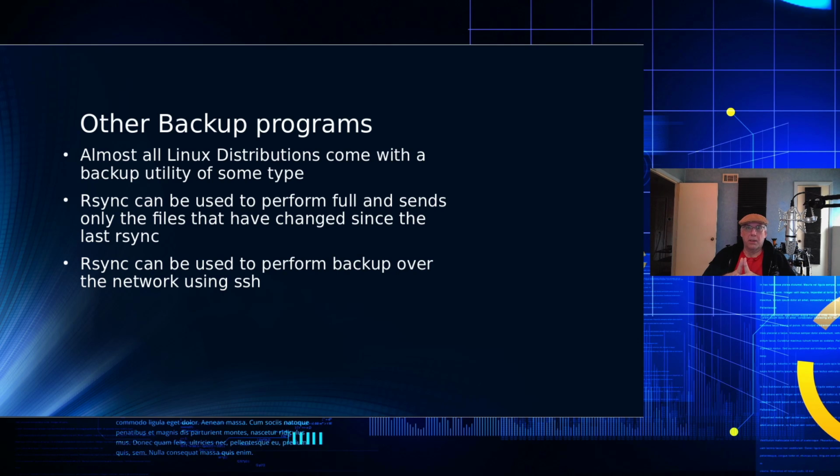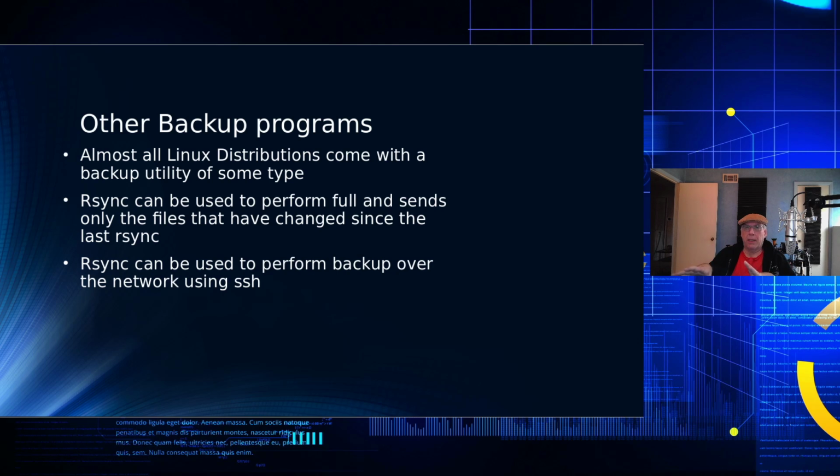Now, the other one is rsync. And rsync is the one I prefer to use. And I'll talk about that sometime in a future video. rsync automatically does either, so you have a source directory and a target directory in rsync. Source directory is the files you want to copy. The target directory is where you want to put them.